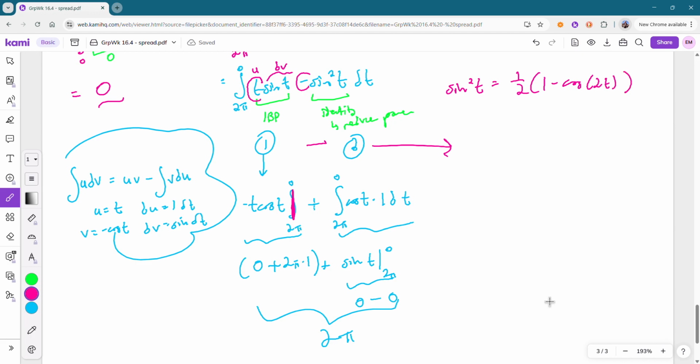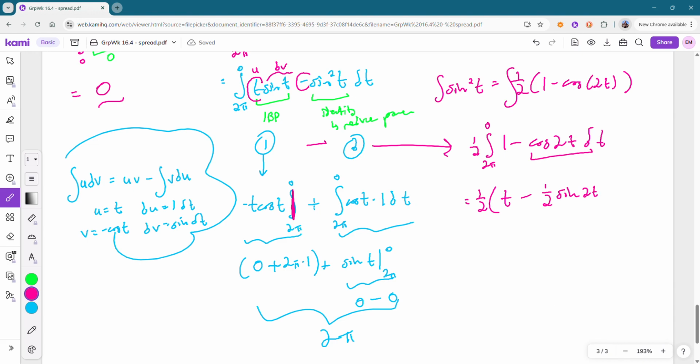And so the integral of sine squared t is the integral of that thing, and so we can pull out the 1/2, 1 minus cosine 2t, and we are going from 2 pi to 0. And so anti-differentiating, we're going to get t minus, we could do a u-sub here, we can just do it by hand as well, it's going to have to be 1/2 sine of 2t, evaluating from 2 pi to 0.